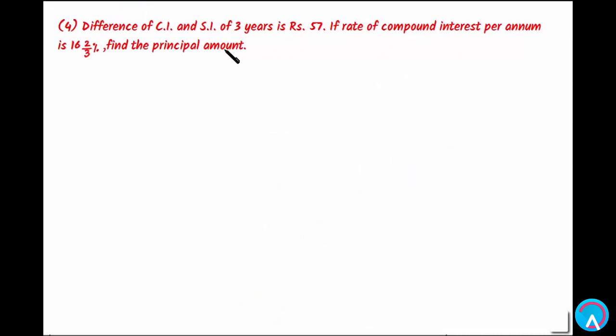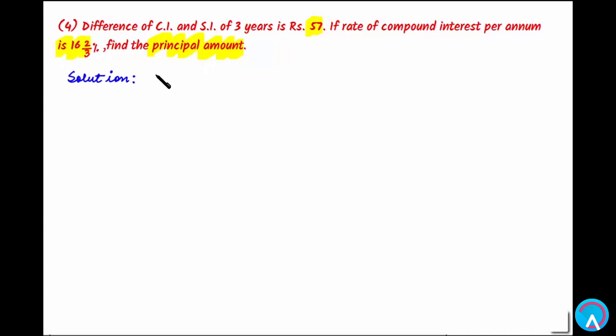Let's do one more question. Difference of compound interest and simple interest for 3 years is rupees 57. If the rate of compound interest per annum is 16.2 by 3%, find the principal amount. So here we have to find the principal amount.